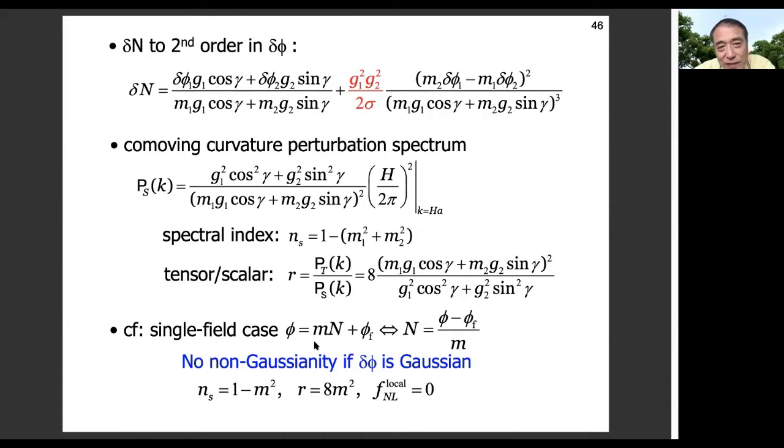So in that sense, this is not so predictable. You essentially lose predictability in some sense, or you may say that you need more tests, more experimental observational quantities, to test these multi-field models.